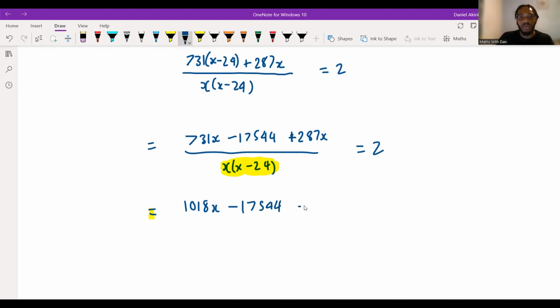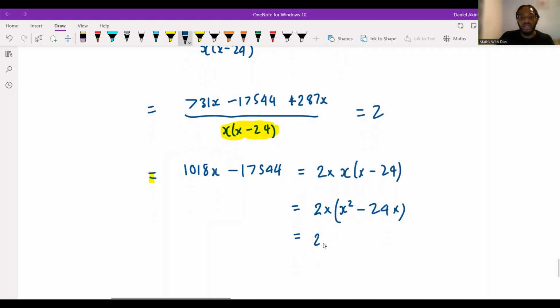This is on the numerator, and this will equal 2 multiplied by x minus 24. Simplifying this, it is 2 times the bracket x squared minus 24x. Expanding that, I will get 2x squared minus 48x, and this is equal to 1018x minus 17,544.